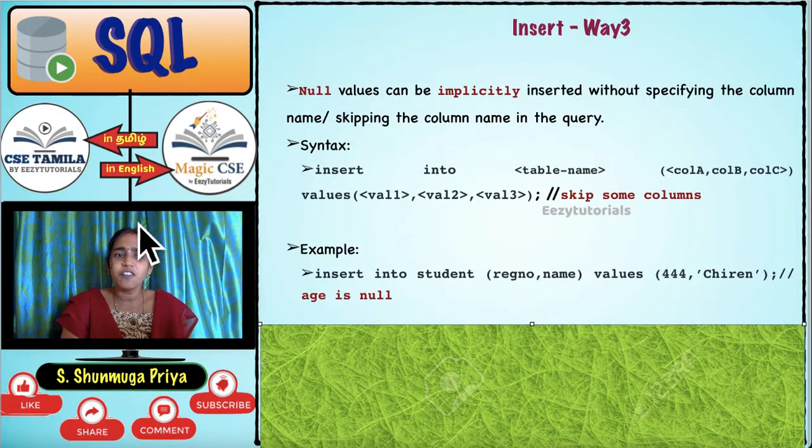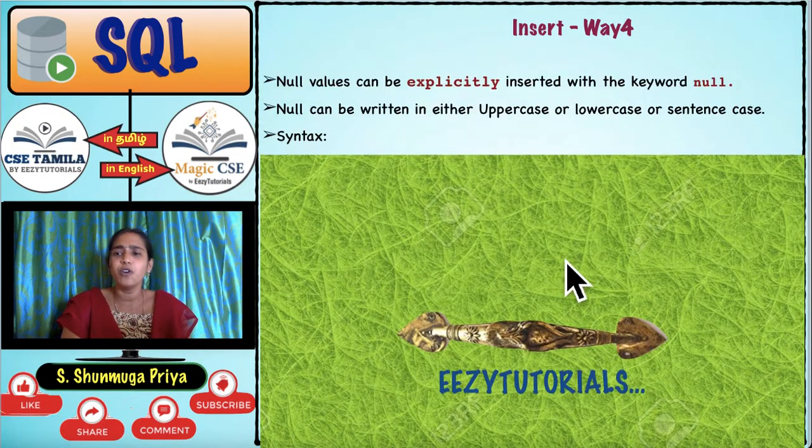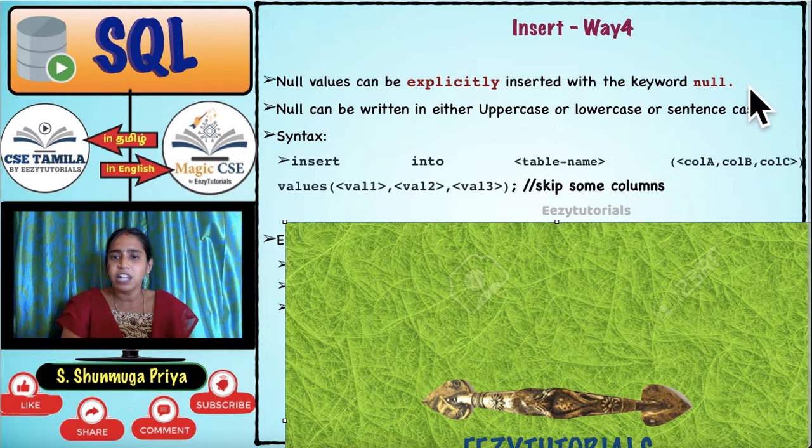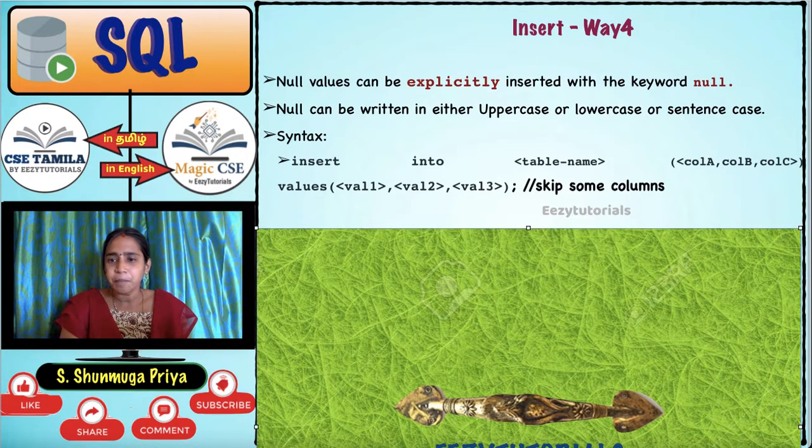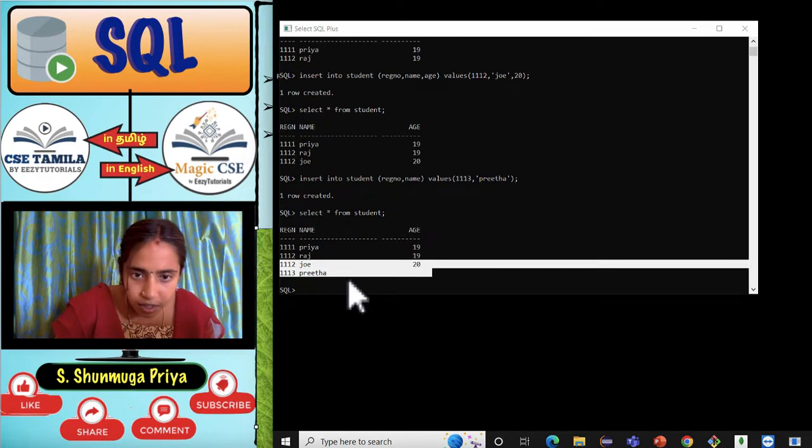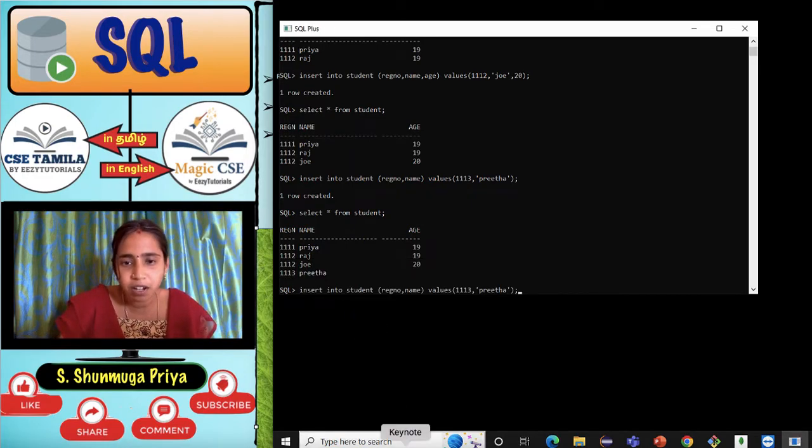The fourth way, instead of doing it implicitly, explicitly you can type the keyword null, N-U-L-L, like that you can type. So here either you can use first method or second method, that is up to you. So insert into students, register number I am having it as so some name.